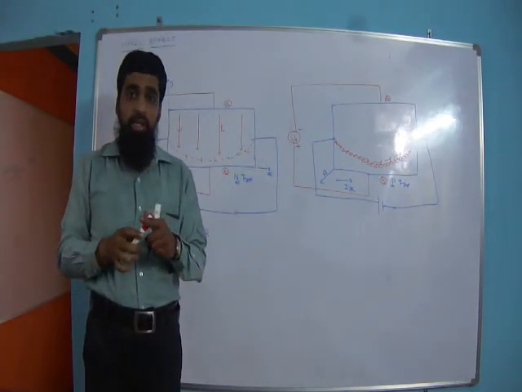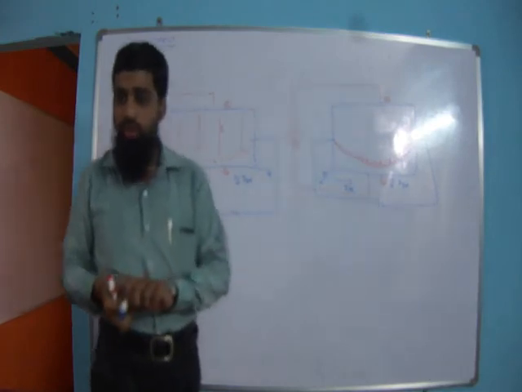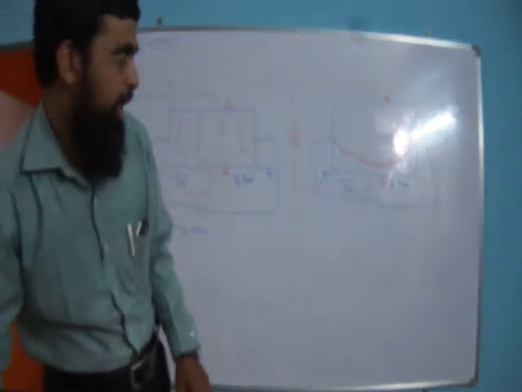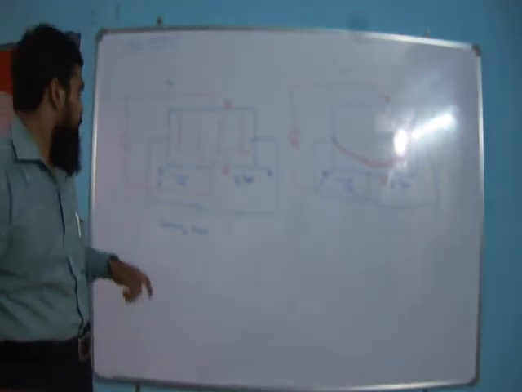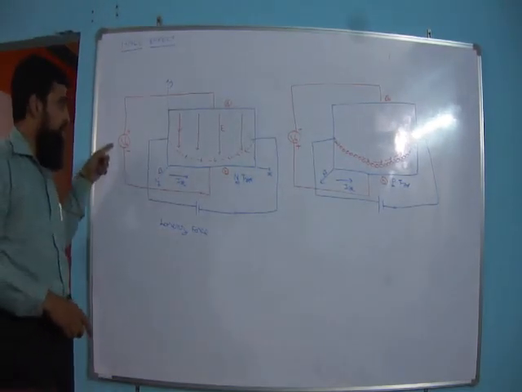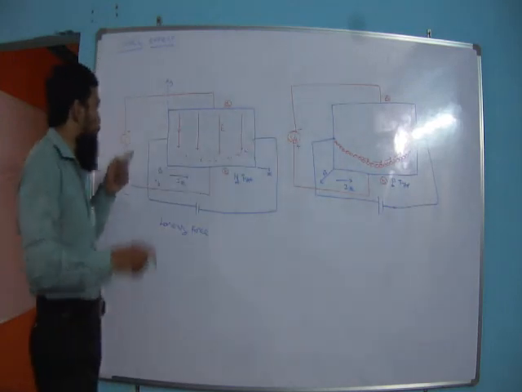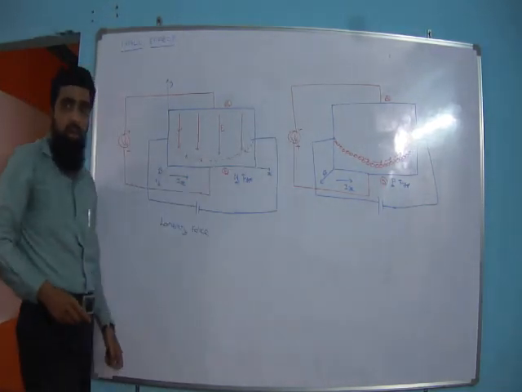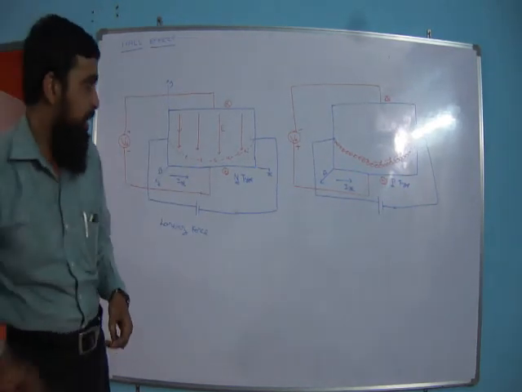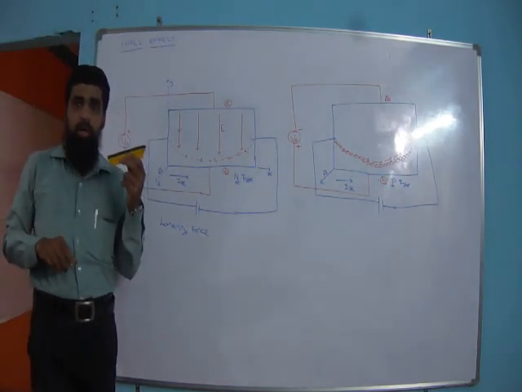Now let us see the application of Hall effect. One of the applications of Hall effect is just by measuring the polarity, the sign of this Hall voltage, whether your Hall voltage is positive or negative, you can tell whether a given semiconductor is p-type or n-type.